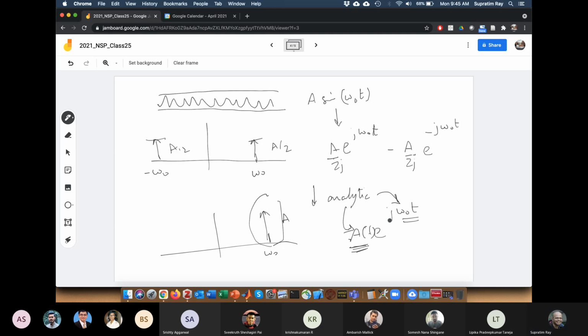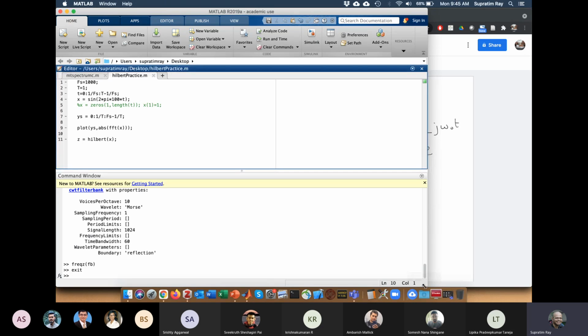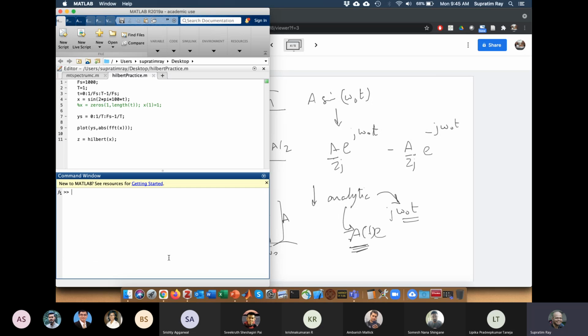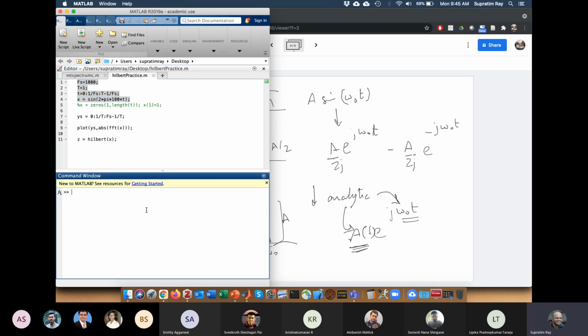Okay, let me just show this to you guys, since that is a fair bit to understand. So let me just quickly show this to you. So here I have got Fs of 1000, t is 1 second. I'm generating a sinusoid x(t). So plot x.